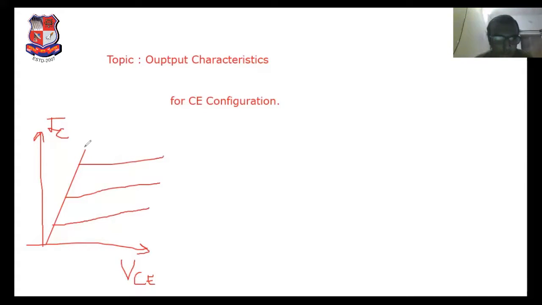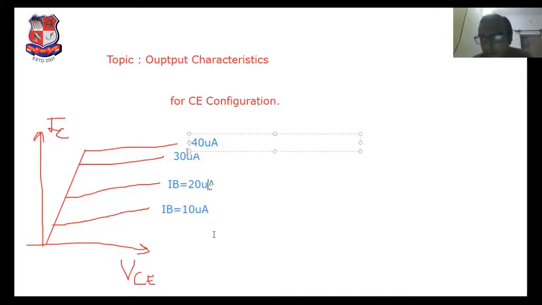Make sure that if you want to measure the output characteristics, make input equal to constant. This is the different constant value, and based on that we can get the output.